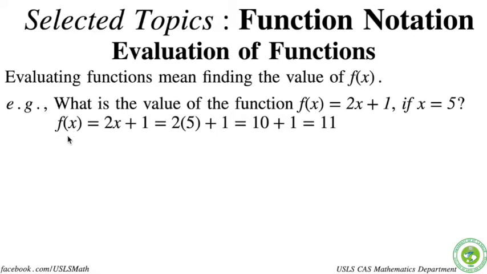So again, f of x is equal to 2x plus 1, x is equal to 5, so 2 times 5 plus 1. 2 times 5 is 10, plus 1 is equal to 11. Thus, since our x was changed to 5, instead of writing x we could write 5 here. So f of 5 is 11.